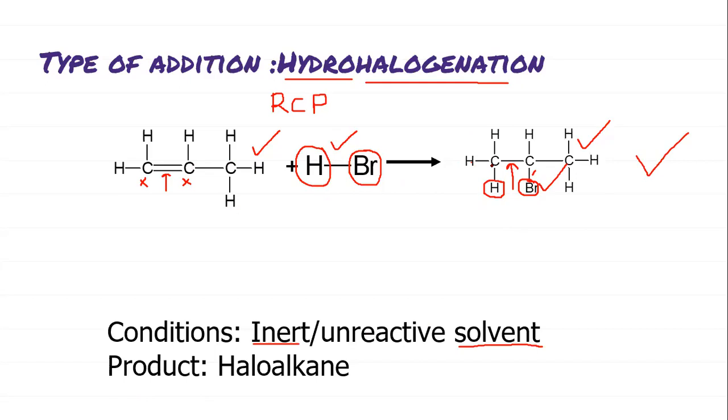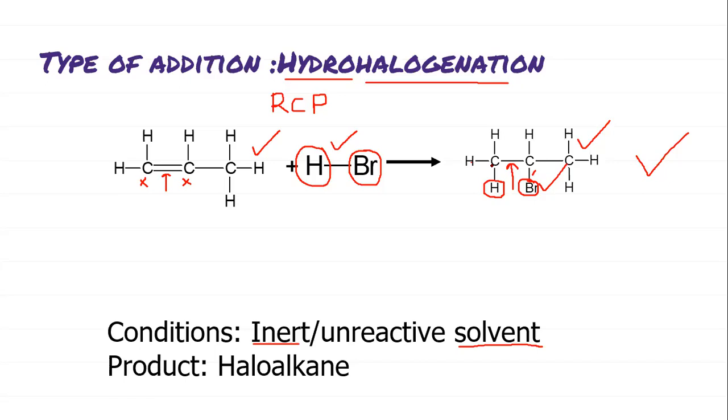Then the number of hydrogens on the left hand side must also be equal to the number of hydrogens on the right hand side, and the number of bromine atoms on the left hand side must be equal to the number of bromine atoms on the right hand side. And that is, in a nutshell, hydrohalogenation. That is the type of addition reaction that took place here, but the type of reaction is addition.